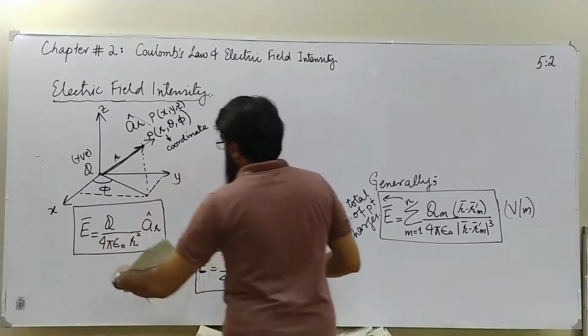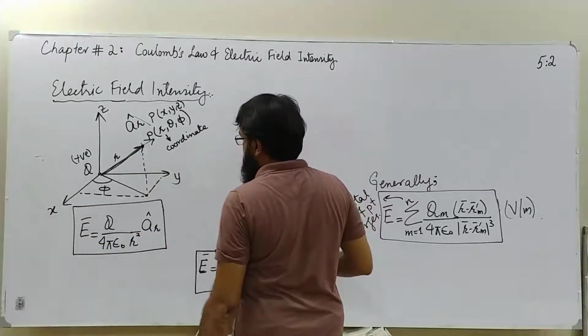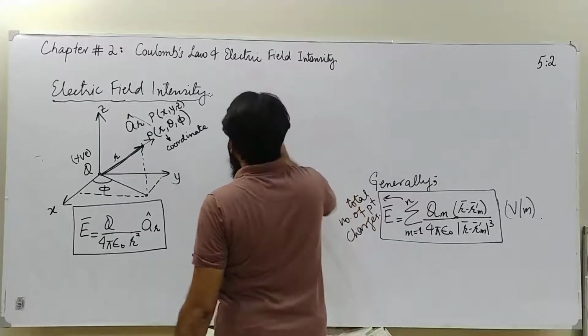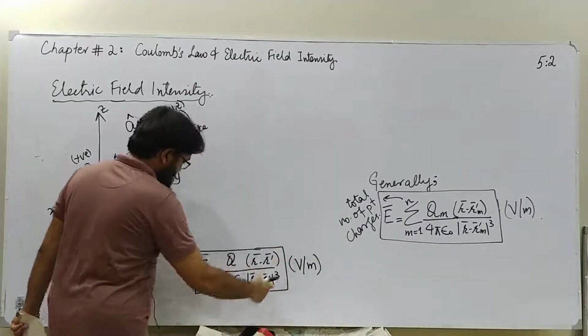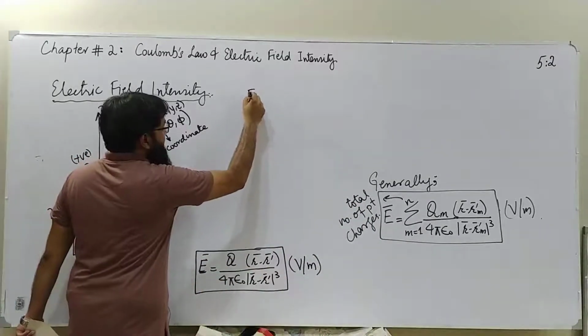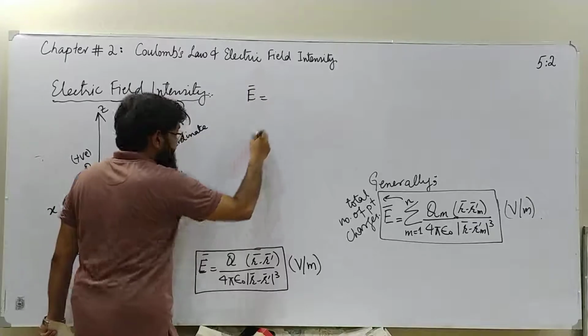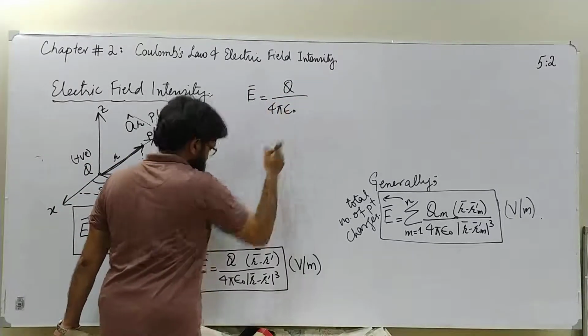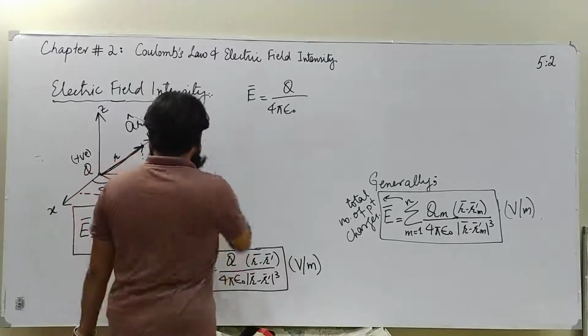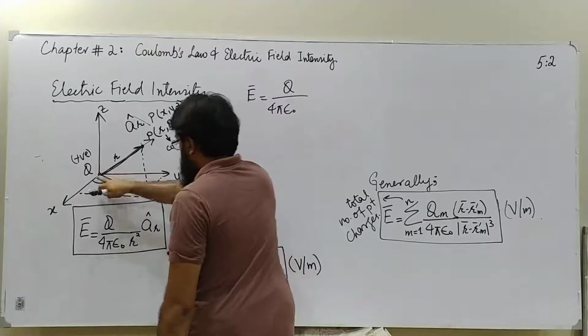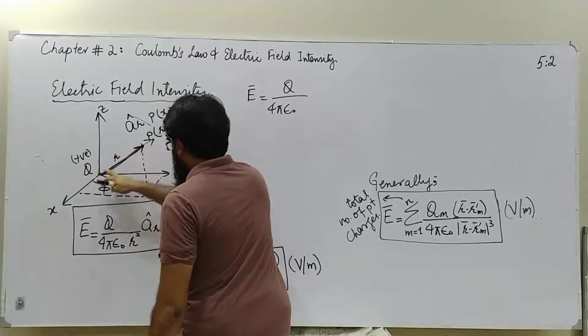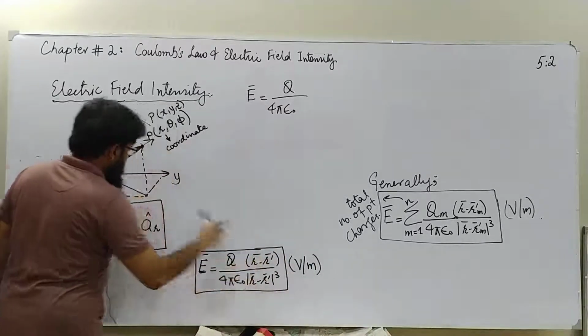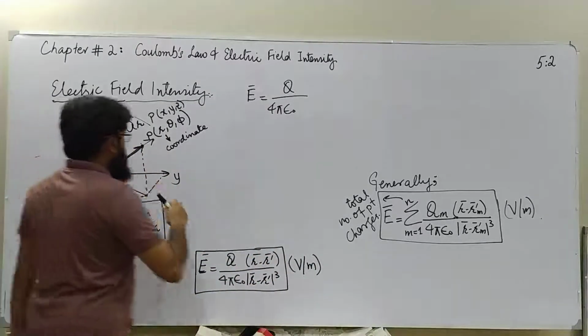So if we had used the Cartesian coordinate system, this formula would be written like this: q upon 4 pi epsilon naught, r minus r prime over the cube of its magnitude. Now r minus r prime is nothing but this length.